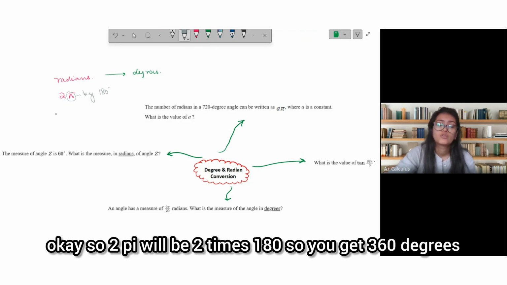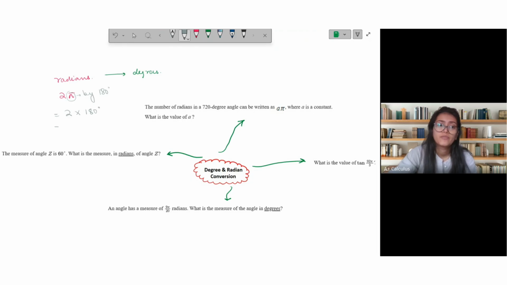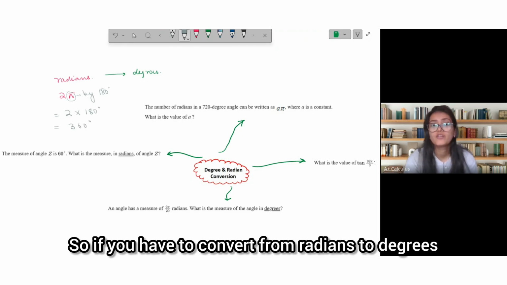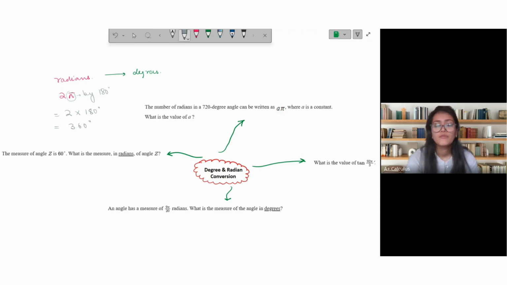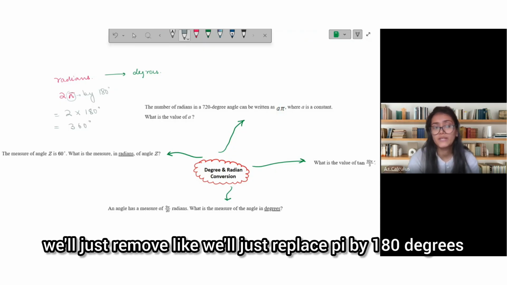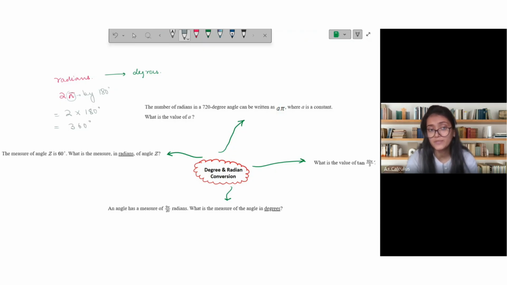So 2 pi will be 2 times 180, which gives you 360 degrees.